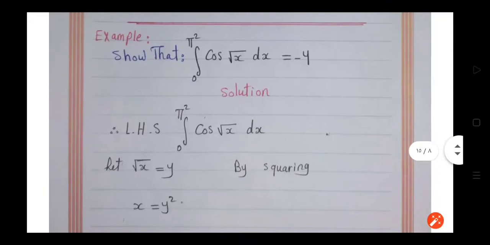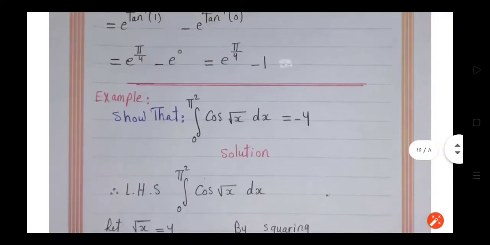The following example shows that the definite integral from 0 to pi squared of cosine root x dx equals negative 4. Notice that we have a type of integration method called substitution. Case 1 is algebraic substitution. It depends on whether we can cancel the root.